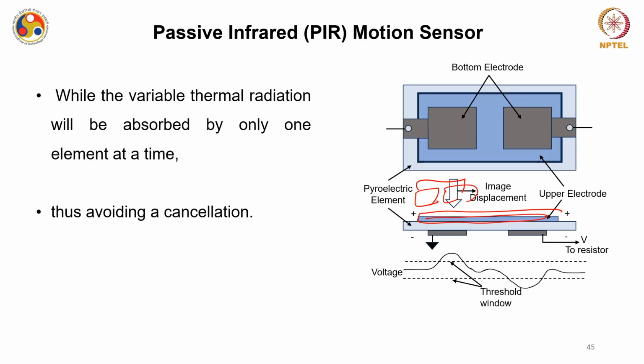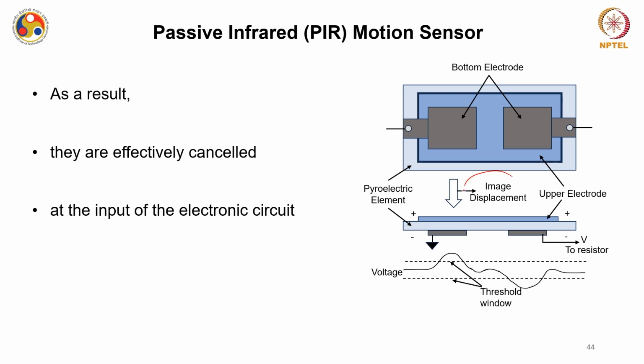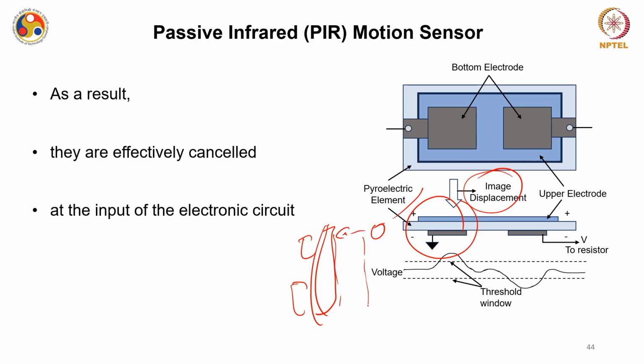What I mean to say is, I am talking about the displacement of this sensor. If I take a side view of this particular area, you have an upper electrode and two bottom electrodes, and you have thermal radiation falling on this, and along with this you have an image forming because of the thermal radiation.